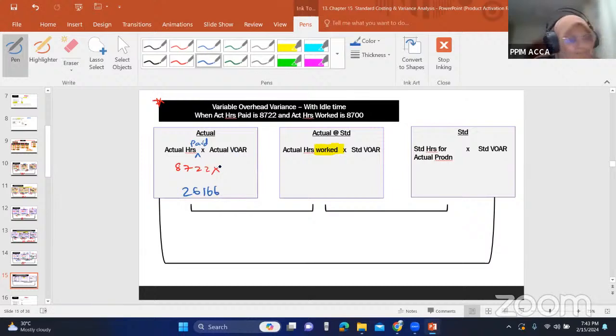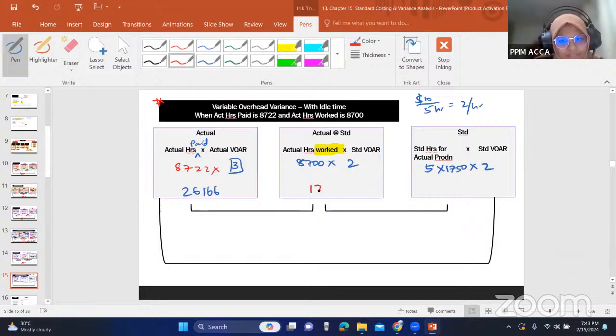It will be 3. Actual hours worked was 8,700. And standard VOAR, if you remember, was 10 divided by 5 hours, which is 2 per hour. Standard hours for actual production, again, labor hours was 5 into 1,750, which was the production. Standard VOAR is 2.